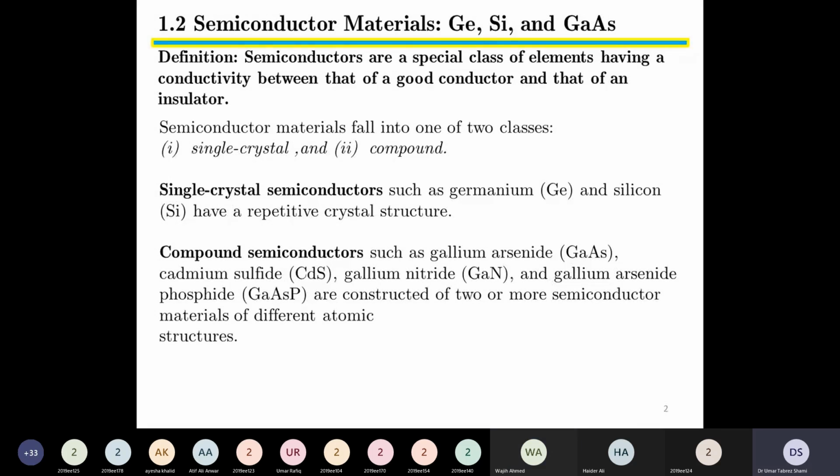Single crystal semiconductors such as germanium and silicon have a repetitive crystal structure. Here, the word repetitive crystal structure refers to intrinsic materials. Those materials which are uniform, they are pure from any other elements besides the elements that we are interested in. They have a uniform crystal.